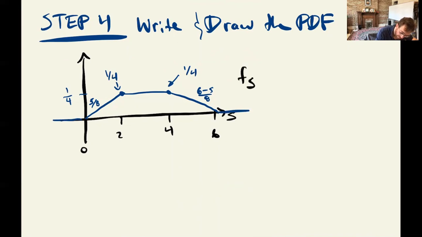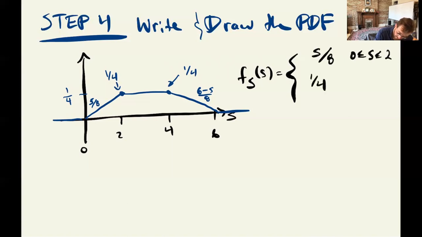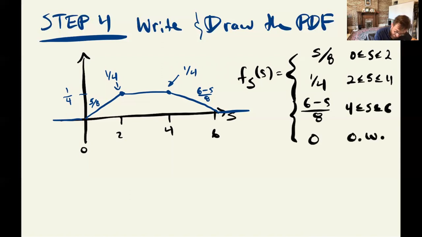So the PDF for s now looks like s over 8 for s between 0 and 2. It's 1/4 for s between 2 and 4. And then it's 6 minus s divided by 8 for s between 4 and 6. And it's 0 otherwise. So notice in no way was this equal to the sum of the two PDFs for x and y, but instead it came from counting possibilities on these anti-diagonals.